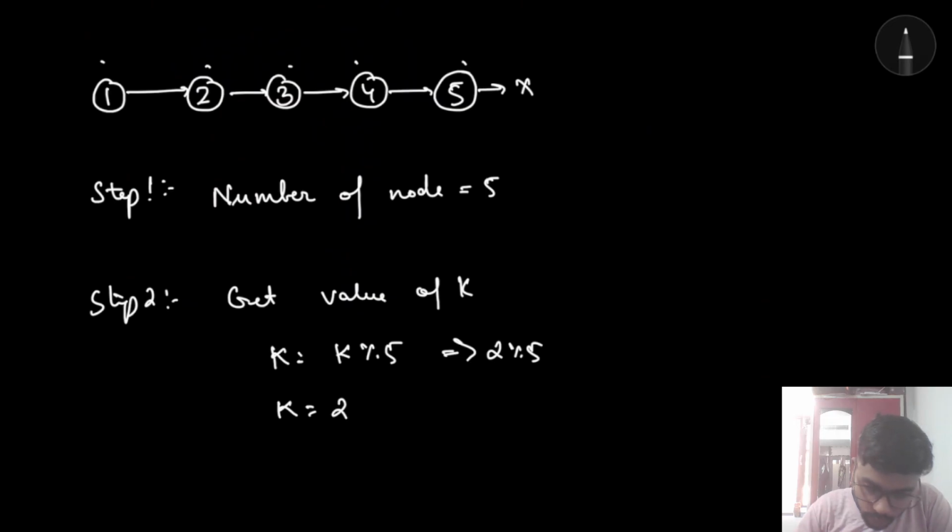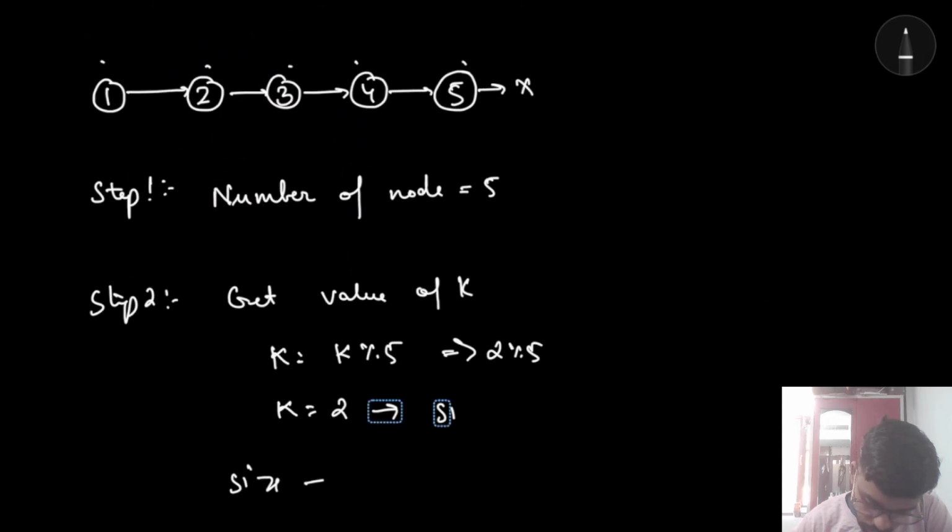Now what I will do is I will traverse this, and I will leave only k elements from the last. So how I will leave the k elements from the last?